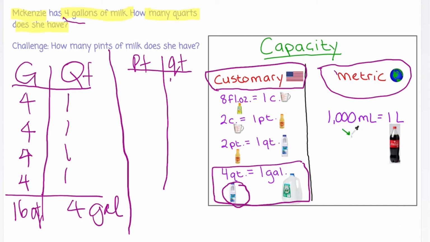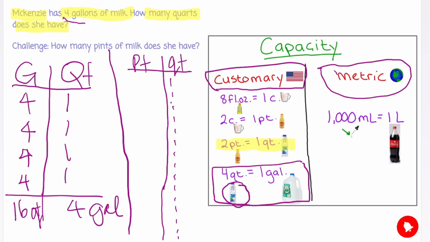So 1, 2, 3, 4, 5, 6, 7, 8, 9, 10, 11, 12, 13, 14, 15. Let me squeeze one here. 16. She had 16 quarts. Now, if she had 16 quarts, how many pints does she have? So I'm using this right here.